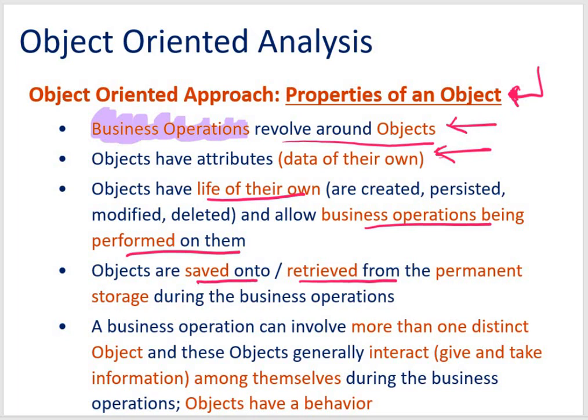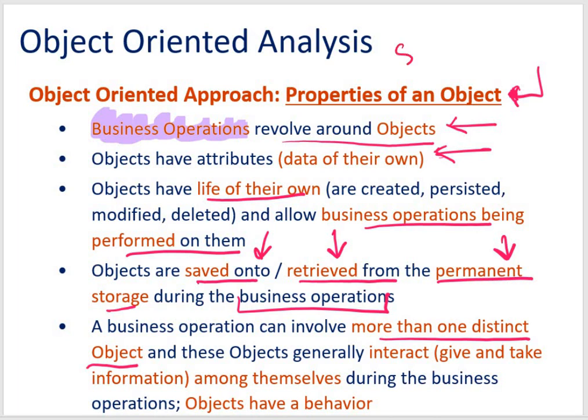Your objects are saved onto or retrieved from the permanent storage during the business operations. So that means my object will be saved and retrieved several times in a permanent storage during all these business operations.